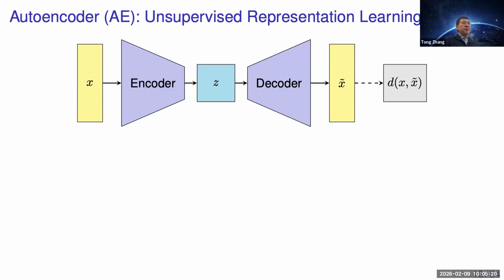I don't know the original source, but certainly it's well known from even before, when people talked about neural net representation learning. Let's say we just give an image X, right? You go through the encoder. This output has to be a lower dimension. Say the image is 28 by 28, and this one is 16, 32, or 2, whatever. The size needs to be much smaller in dimension so that you have a compression effect.